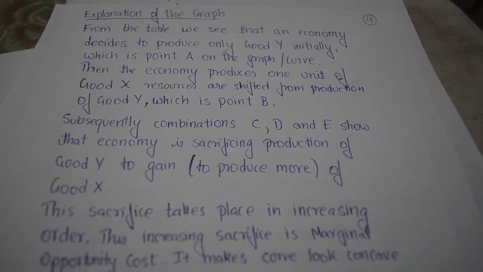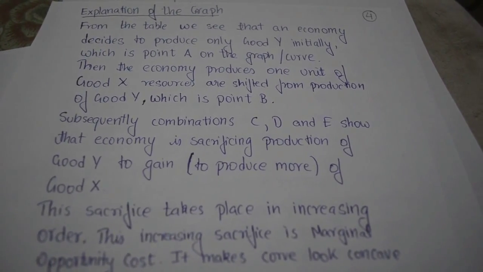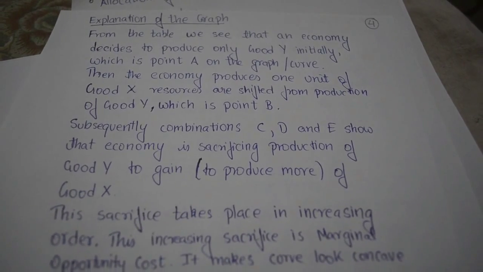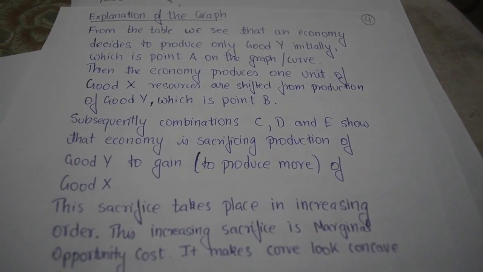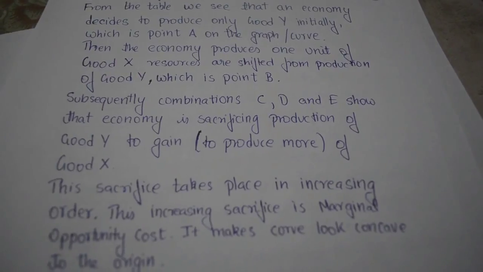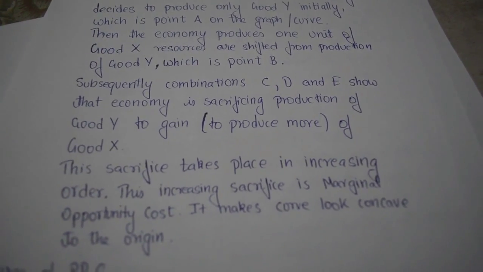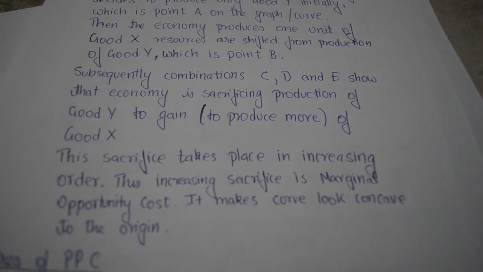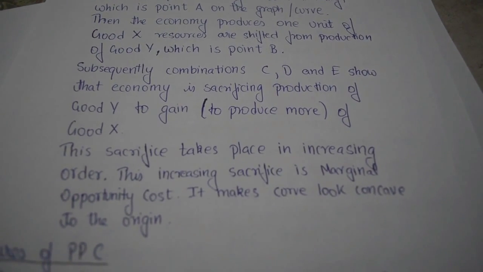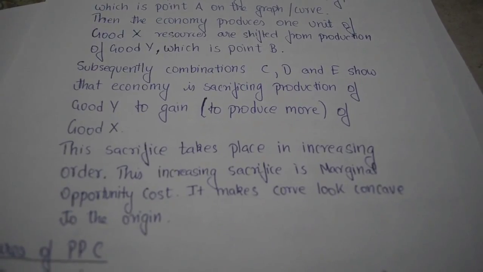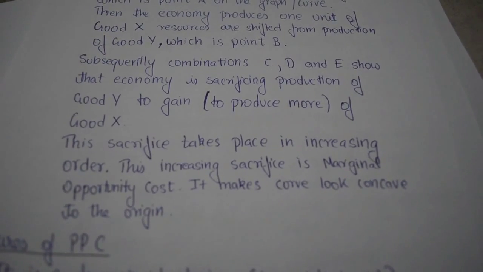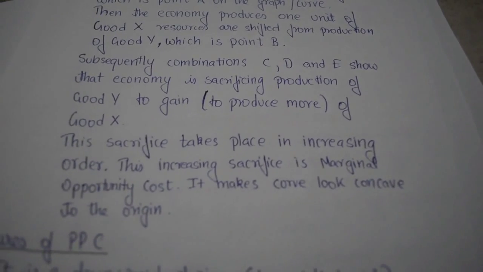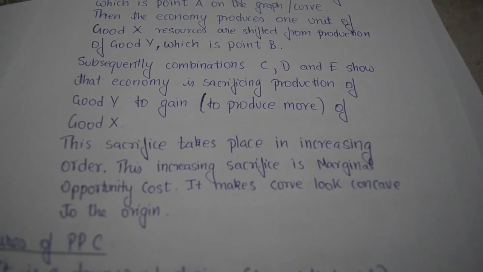Then the economy produces 1 unit of good X. Resources are shifted from production of good Y, which is point B. Subsequently, combinations C, D, and E show that the economy is sacrificing production of good Y to produce more of good X. This sacrifice takes place in an increasing order. This increasing sacrifice is known as marginal opportunity cost, MOC. It makes the curve look concave to the origin.